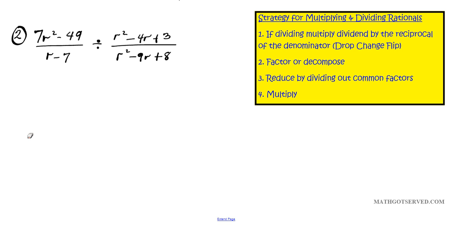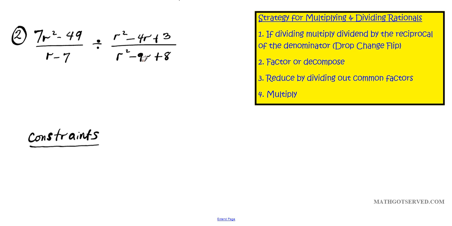When you're looking for the constraints, you're basically looking for values of r where the denominator cannot attain a value of 0. Now to do that, we want to take a look at the denominators. R minus 7 is the denominator of this term right here, but we're dividing by this rational expression. So what is the real denominator here?